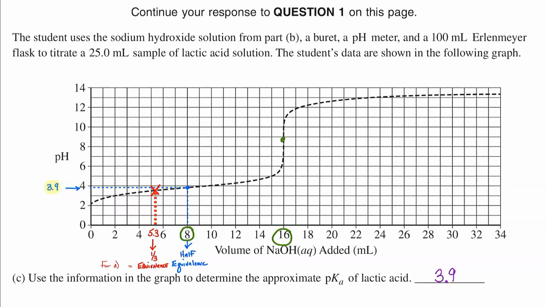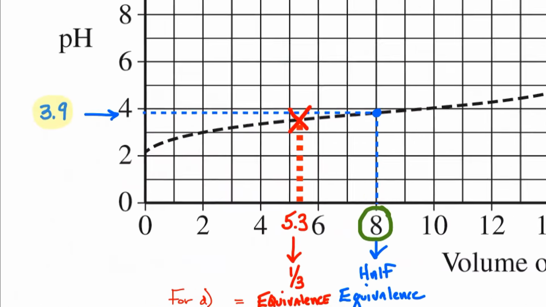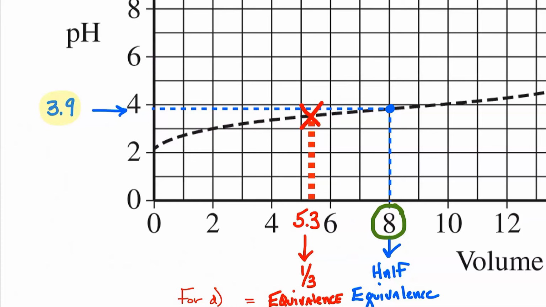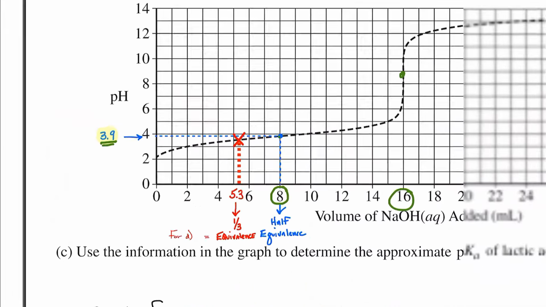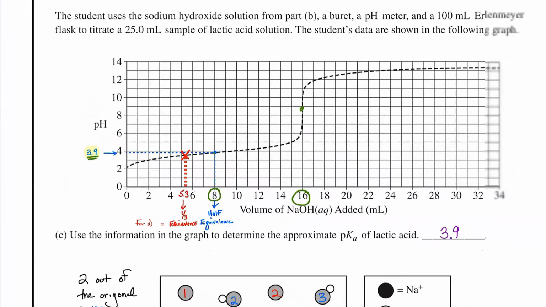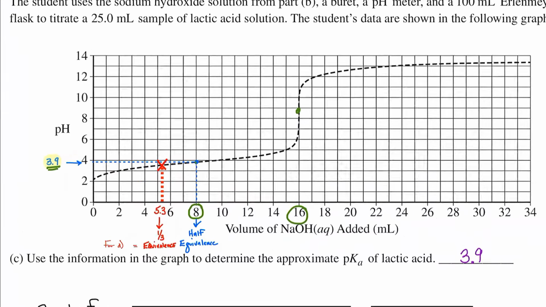Knowing that it's 8, I have a little blue line here, and I got this point here, and if I move over, I'm approximating that the pH, when the volume of base added at half equivalence is 8, is approximately 3.9. And again, that is when the pH equals the pKa. That's why we get 3.9 there.